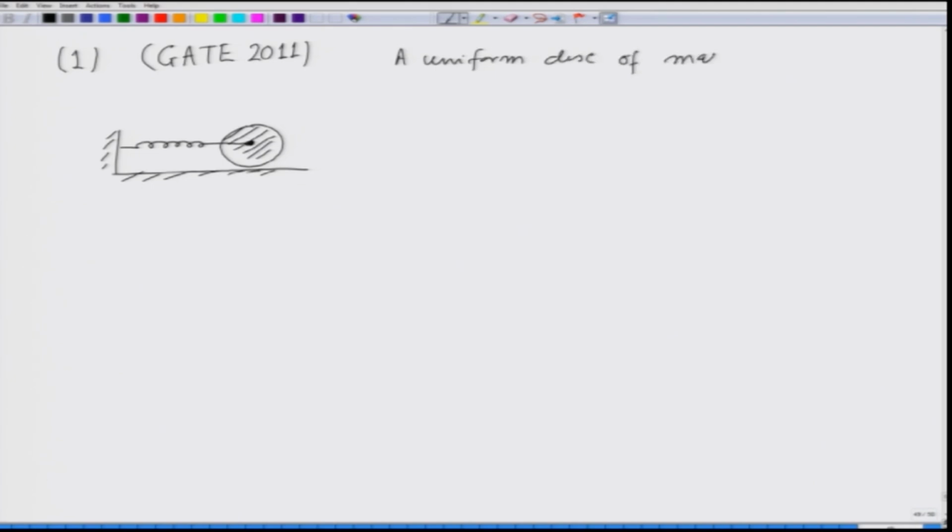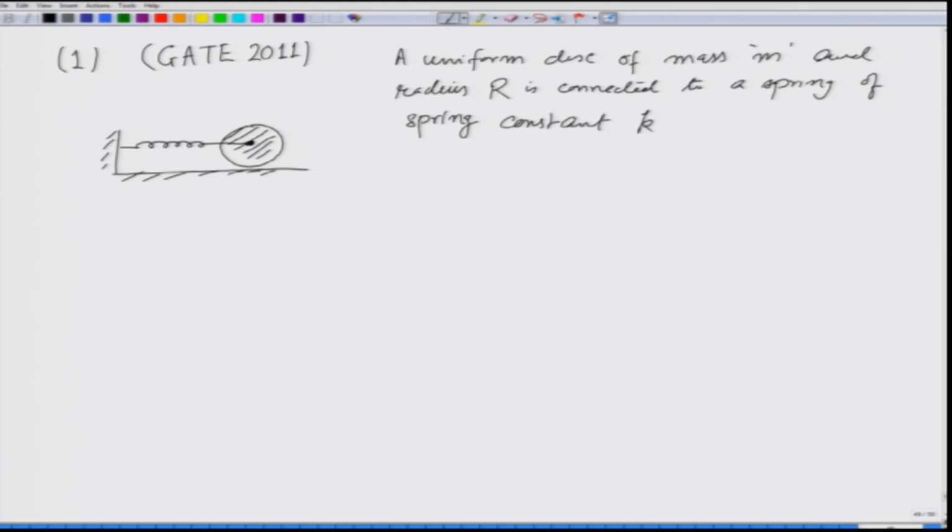Of mass m and radius r is connected to a spring of spring constant k. So, let me write it here. The spring constant is k. The mass of the disk is small m and the radius is r.